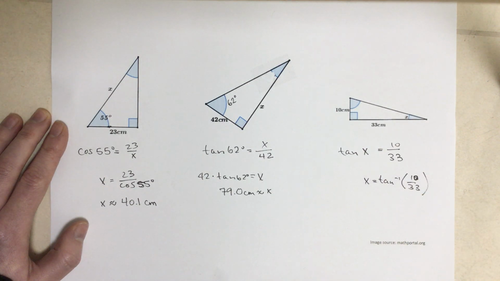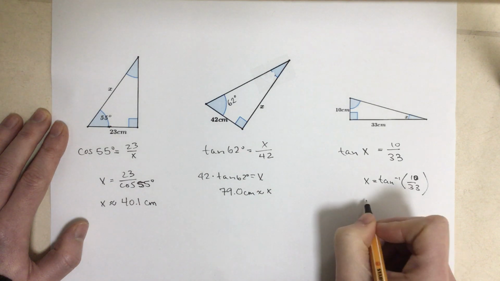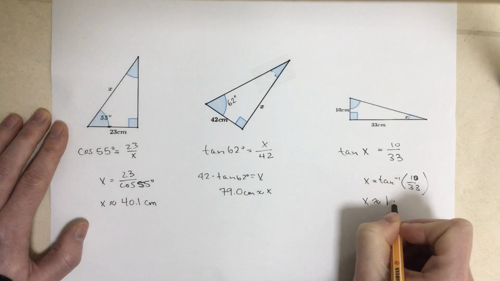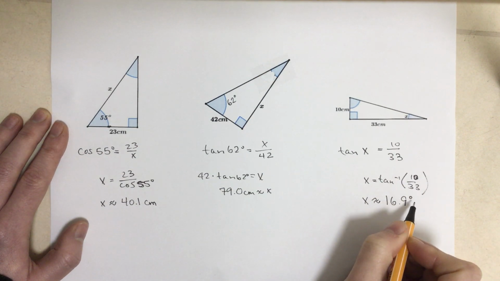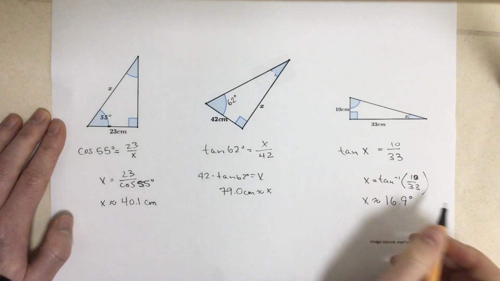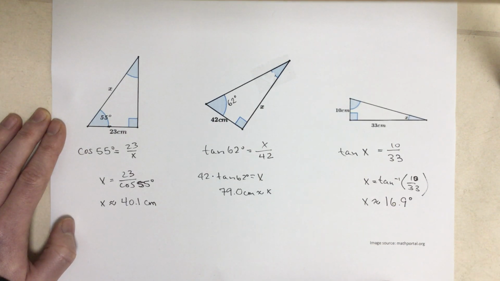Okay, and when you put tangent to the -1 or inverse tangent into the calculator, you get x is approximately 16.9 degrees. Make sure you write that unit there, because when you don't have it, it means something else, and we'll look at that too in a minute.